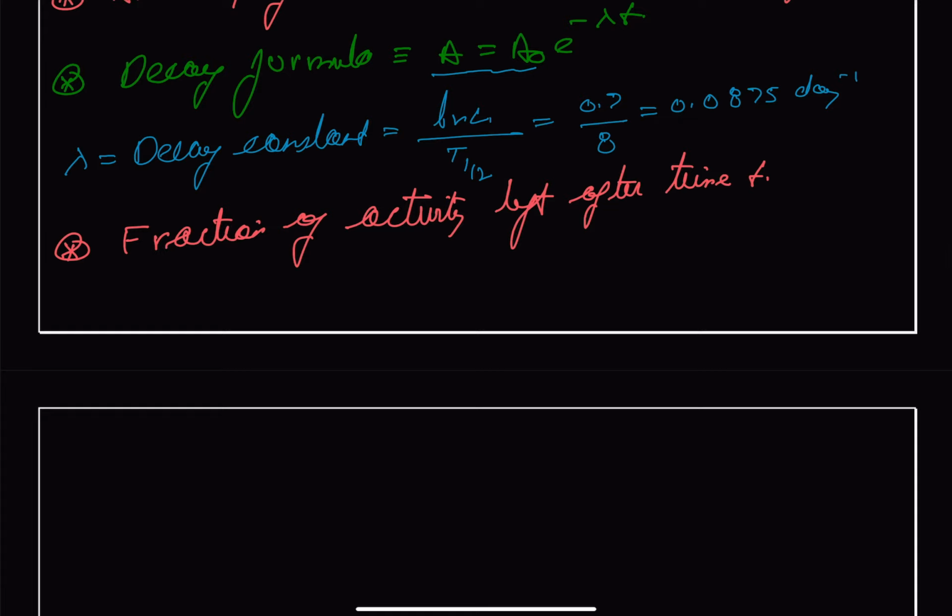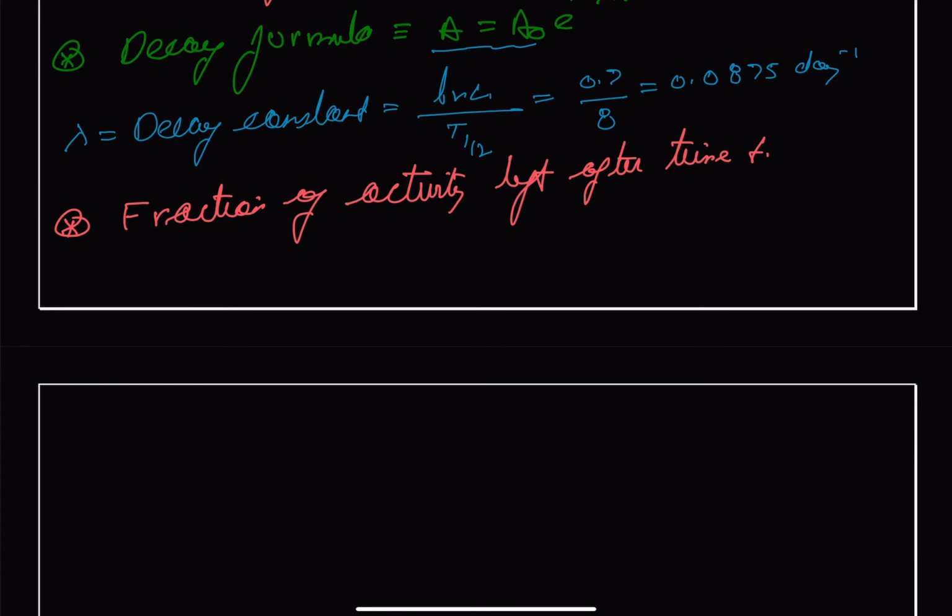That formula will be A upon A naught is equal to e raised to power minus lambda t, and we already know these values.